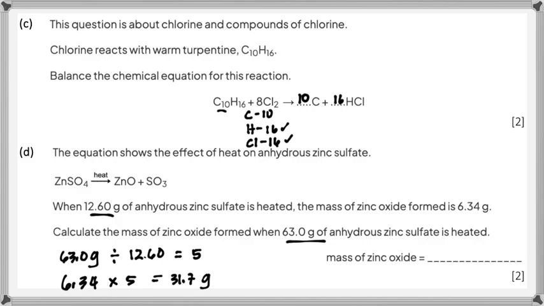So 31.7 grams of zinc oxide is the mass formed. Again, don't forget units. That's for letter D.